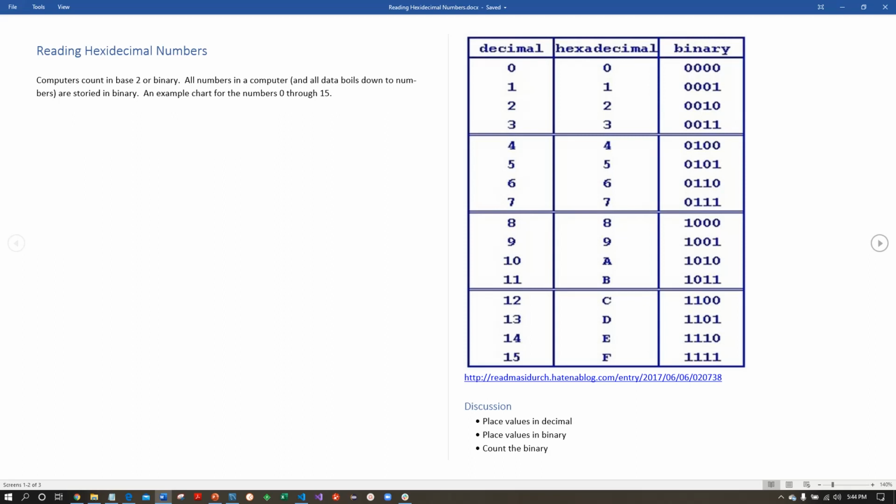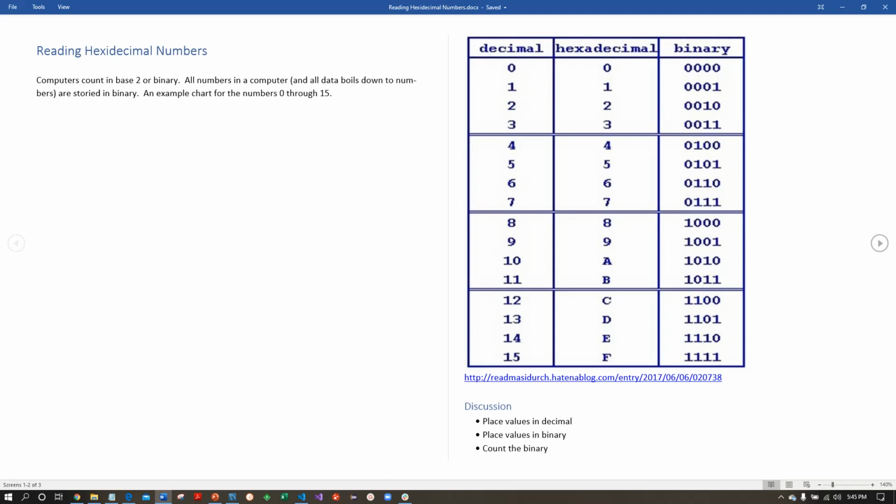So we start counting at 0 and then read across the columns there. 0 is represented the same way, and then 1 also is represented the same way in binary and in decimal. But then we run out of digits, so we have the concept of the twos place. When we add 1 to 1, we get 2, and we have to jump over to the twos place in binary to represent 2, and then 3, and then carry the 1 and go to the fours place.